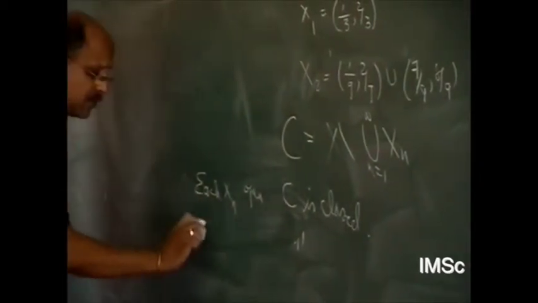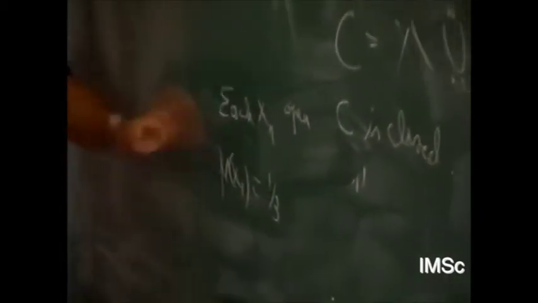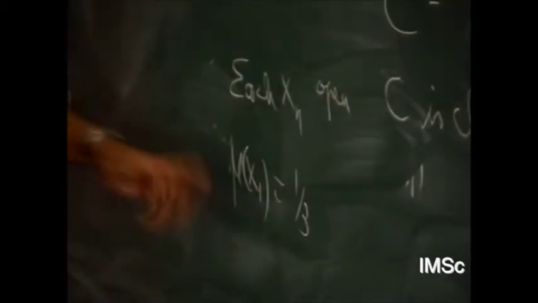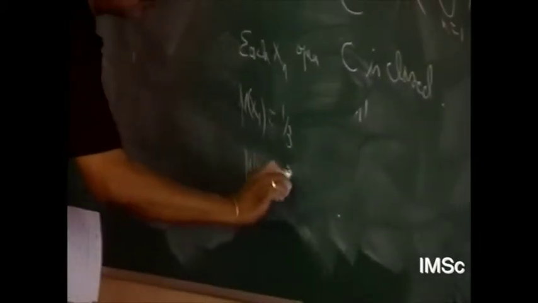What is the measure of X1? 1 by 3, the length of the interval. I won't put the star anymore, because I defined Lebesgue measure. Therefore, I remove that star, I don't need it. Mu of X2 is 2 into (1 by 3) square.